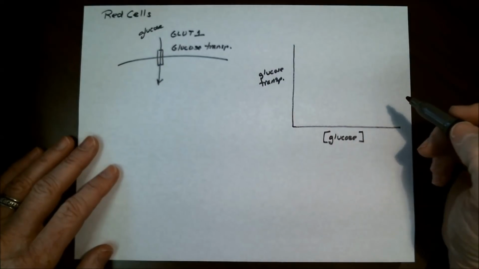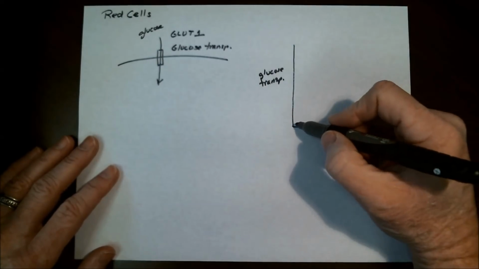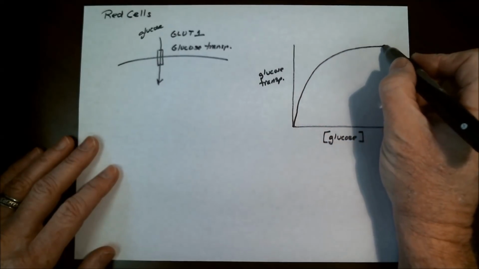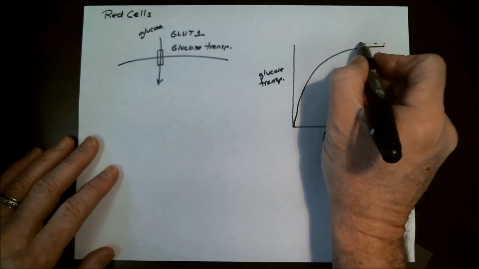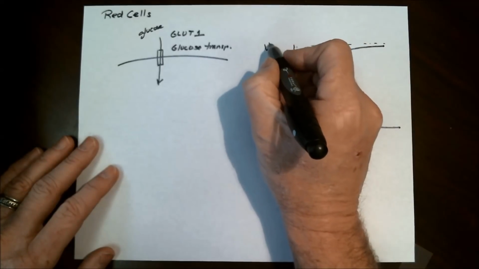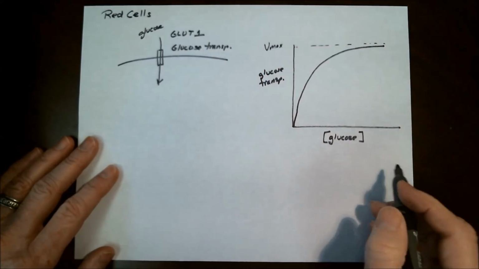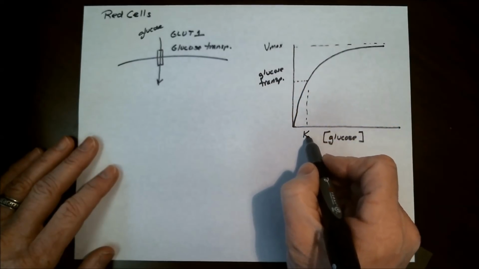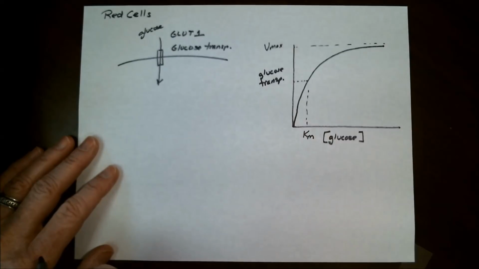If we map the kinetics of this activity, we will see that it's a saturable process, of course, with essentially a Vmax of the transporter activity, and we can measure a Km of this activity.